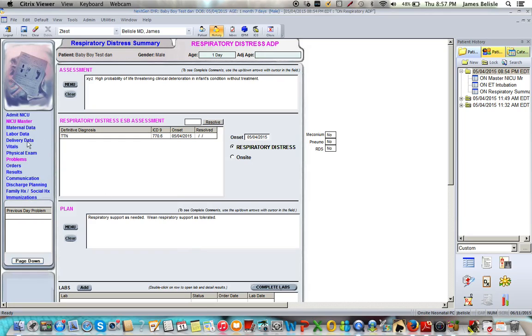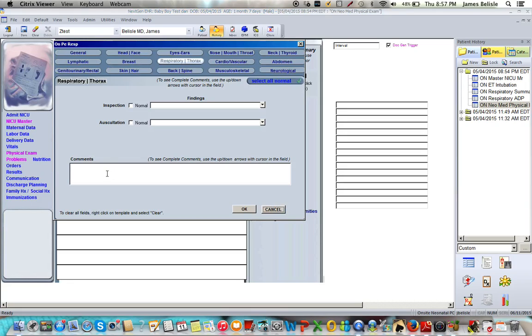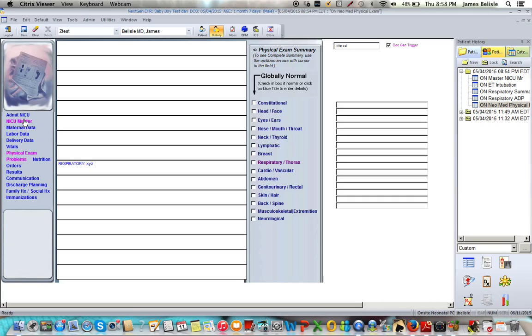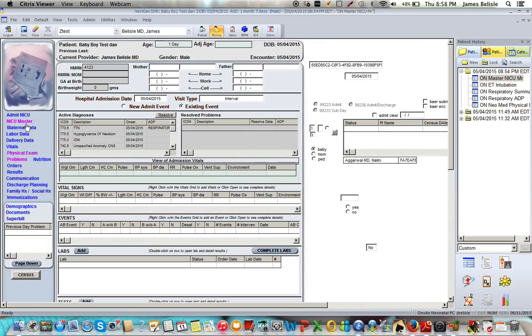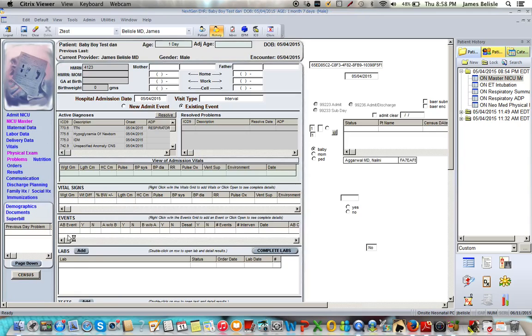Okay, so now you do your physical, also doing your respiratory part here. XYZ. Okay, and now you create your note. It's an interval note.